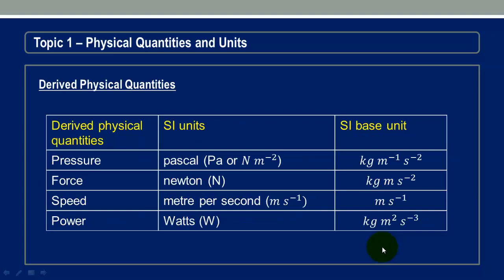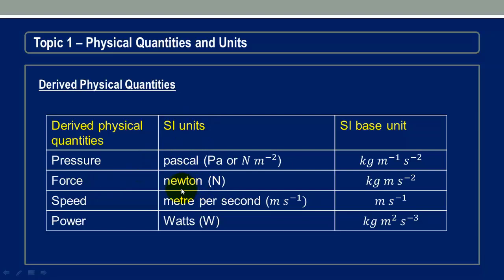Now let's look at examples of derived physical quantities. We have already seen that pressure is a derived physical quantity. Its SI unit is Pascal or newtons per meter squared. It can be shown that its SI base unit is kilograms per meter per second squared. Force is the next derived physical quantity.